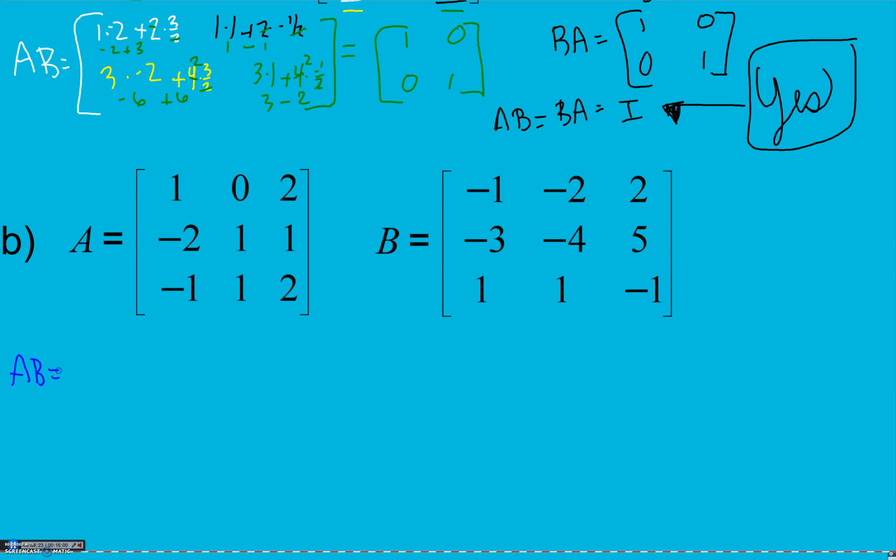A times B again. I'm going to have 1 times negative 1 plus 0 times negative 3 plus 2 times 1.